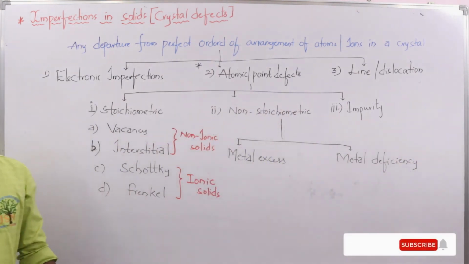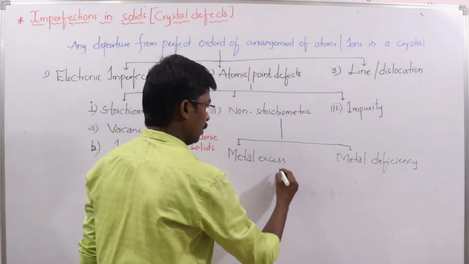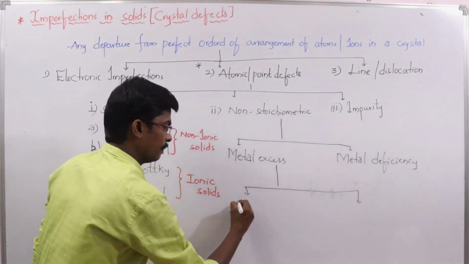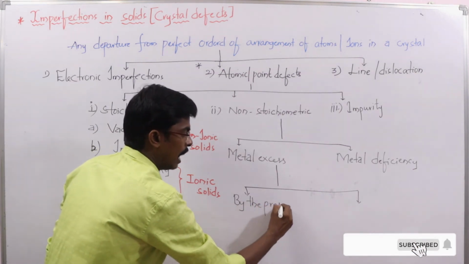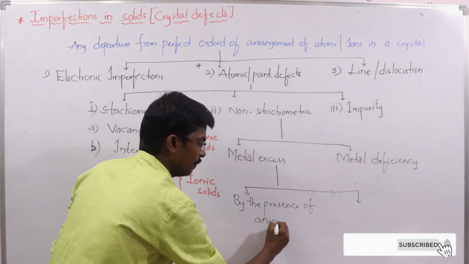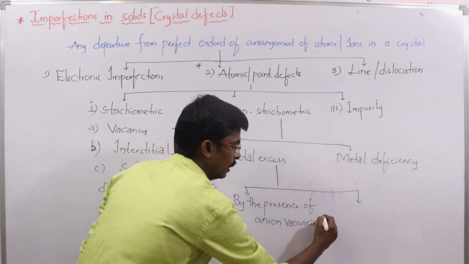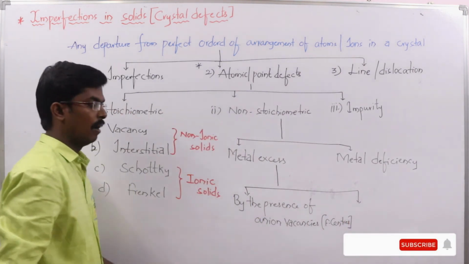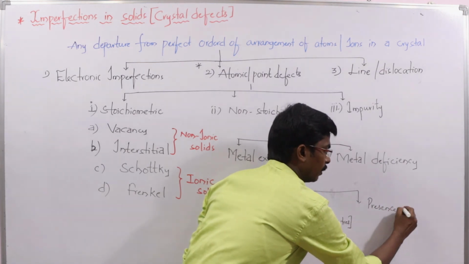The metal excess occurs either by the presence of anion vacancy, generally called F centers, or by the presence of extra cation.